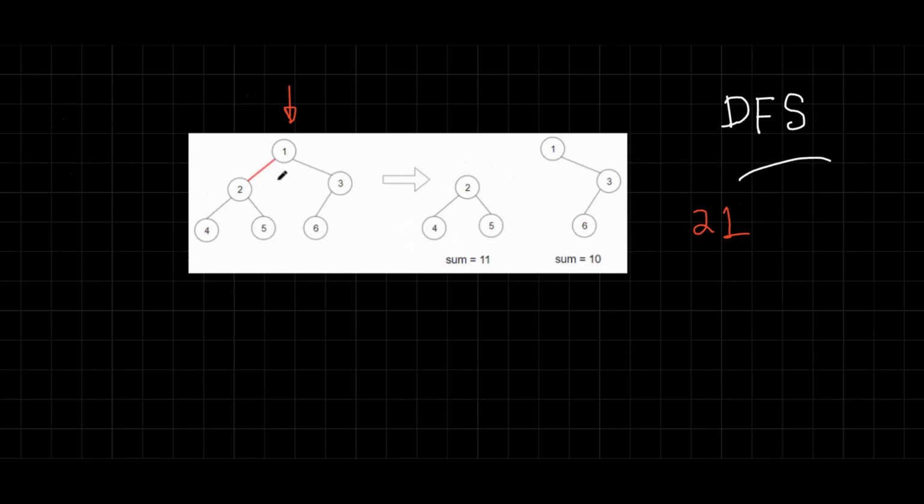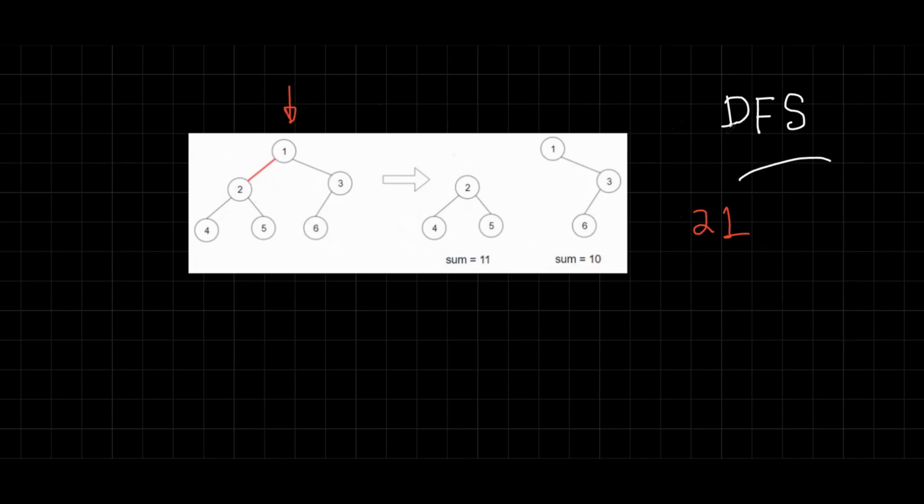So how can we disconnect it? Basically, for each of the edges we are given, we have to remove the edges one by one and calculate the maximum product. And we have to finally return the answer.